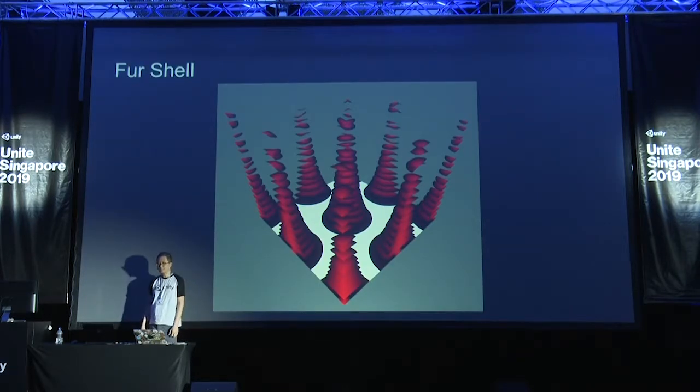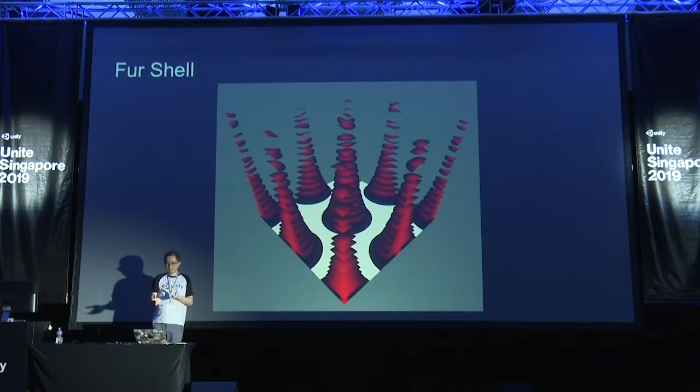So the basic idea of real-time fur, at least in this project, was to use fur shells. So it's just like multiple layers of the same geometry, and you apply some kind of transparency to it to create a stack of geometry to look like fur.